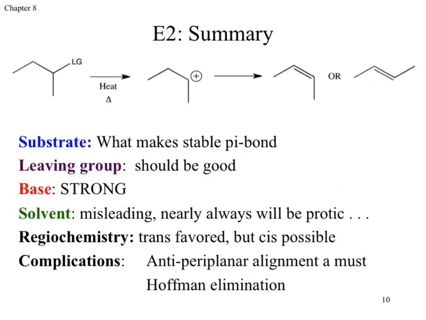Very slightly different because we're looking at the most stable pi bond instead of the most stable carbocation, but they're very, very similar. So if I went through to predict the substrate structure, a tertiary structure will react faster under E2 conditions, then secondary, then primary, then our methyl.